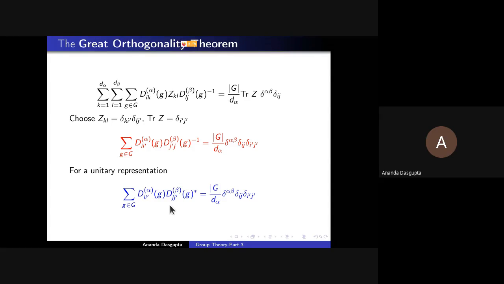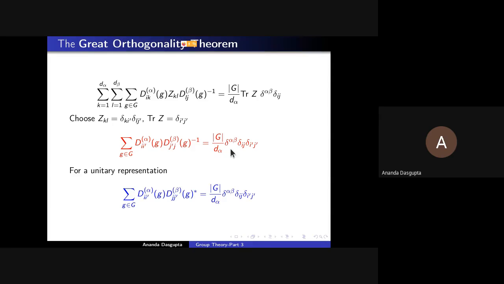So this is for a unitary representation. But this is not for all representations. Since for all finite groups, you do have a unitary representation equivalent to any given irrep, even any given representation, by the way, it doesn't even have to be an irrep, then when I'm labeling the irreps, I can always choose a unitary representative. If I do that, this is the relationship I get.